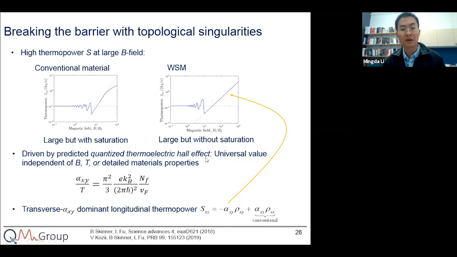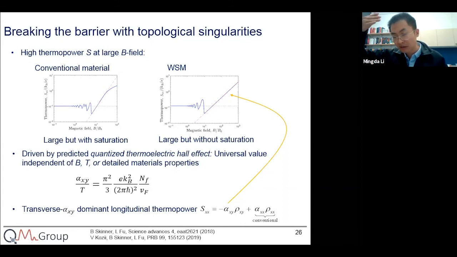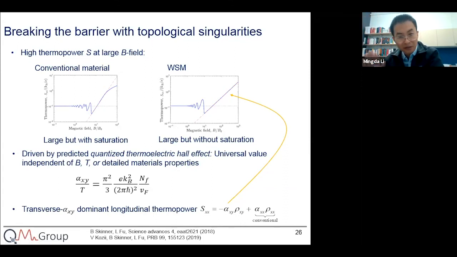So we know quantum Hall effect, the Hall electrical conductance is a universal constant. In this example, alpha xy is called thermoelectric Hall conductivity. That's the transverse thermal current over longitudinal electrical current over temperature. That will reach a universal constant. And this is the number of the Weyl cones, that's the Fermi velocity, and then all the rest are universal constants.